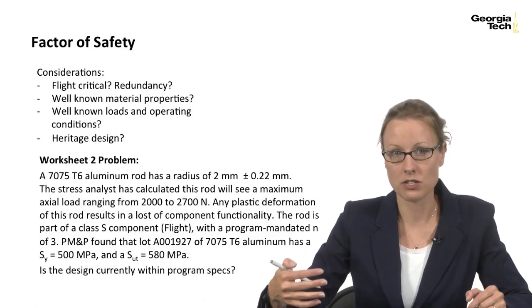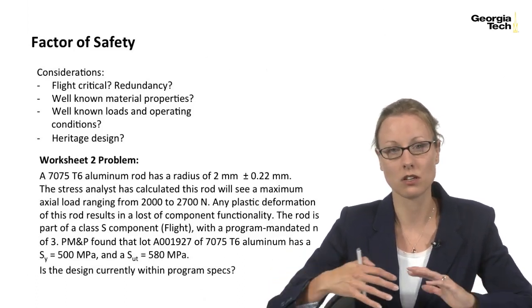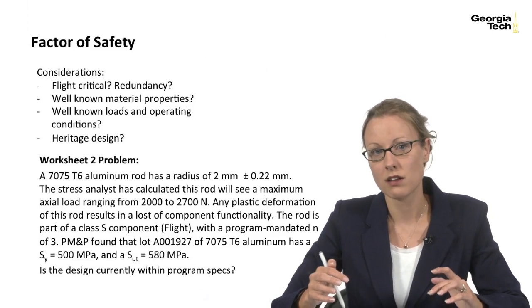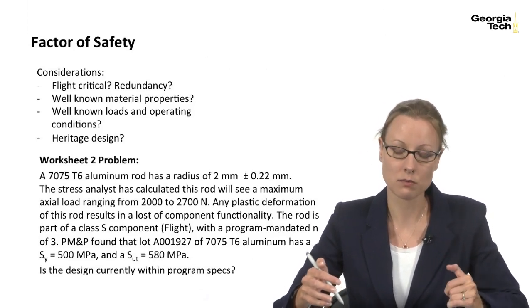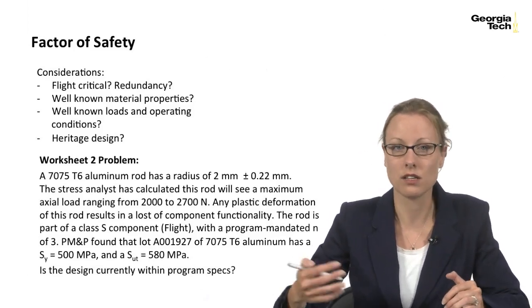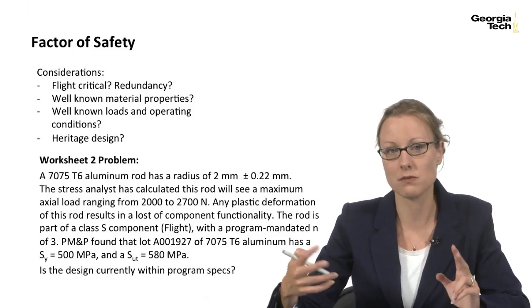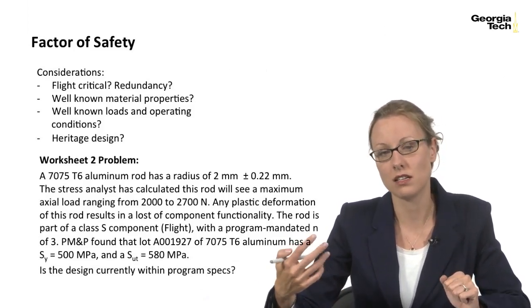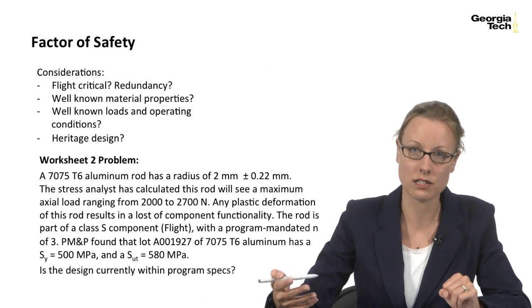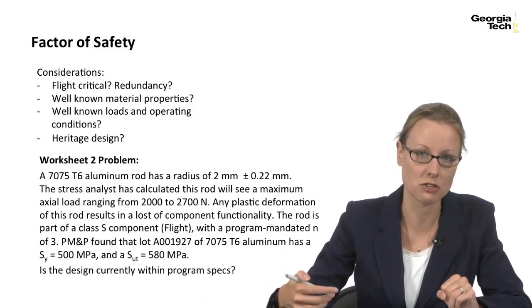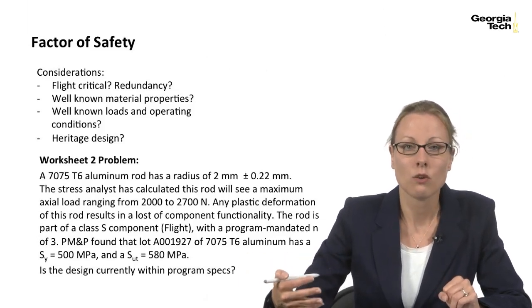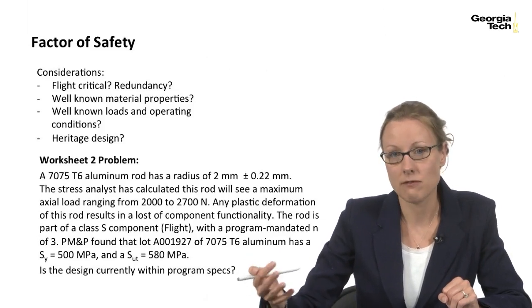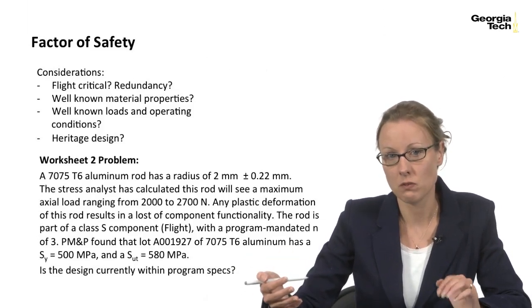Any plastic deformation of this rod will result in a complete loss of functionality. This rod is part of a Class S component. So in the US, Class S in aerospace means flight. That means it's held to a higher standard in both design and manufacturing, with a program mandated factor of safety of N equals 3.